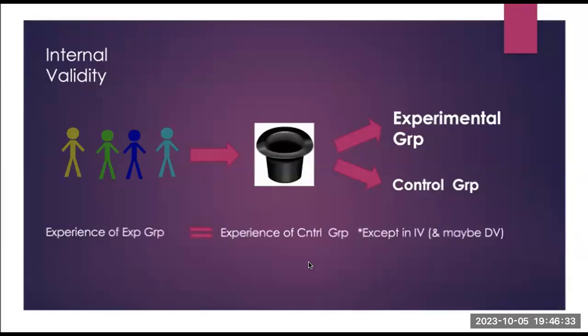By doing this, we're trying to avoid systematic variation between the characteristics of those who are in the experimental group and the control group. This is because we want only the manipulation of the independent variable to cause change in the dependent variable.